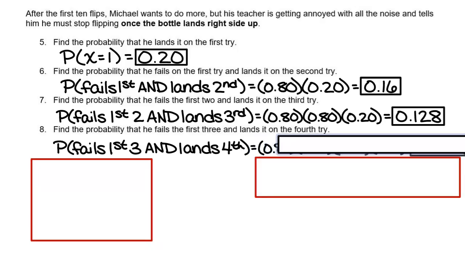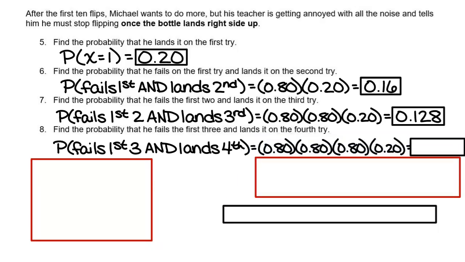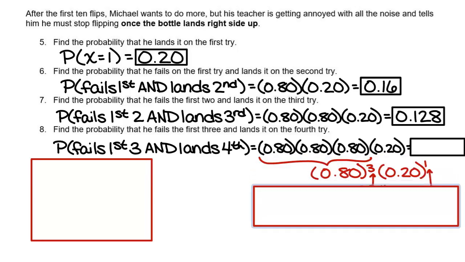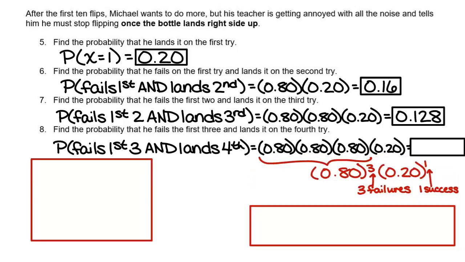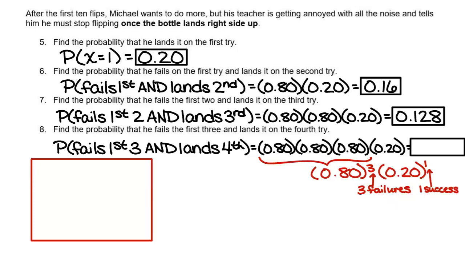Can you do it to the 3rd? Yes, you can. 0.80 to the 3rd, because we've got 3 failures. 0.20 to the 1st, because we have 1 success. So 0.80 times 0.80 times 0.80 times 0.20. What do we get?